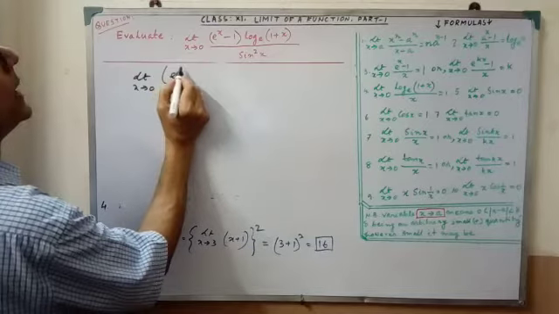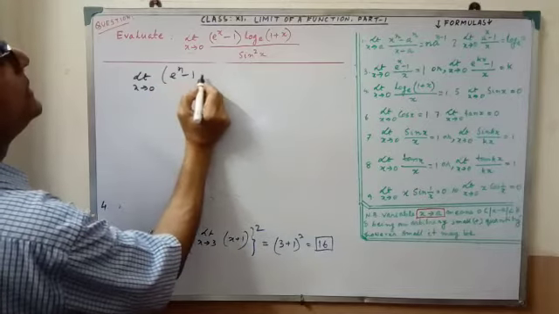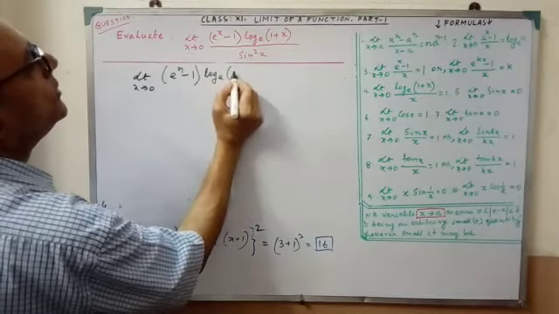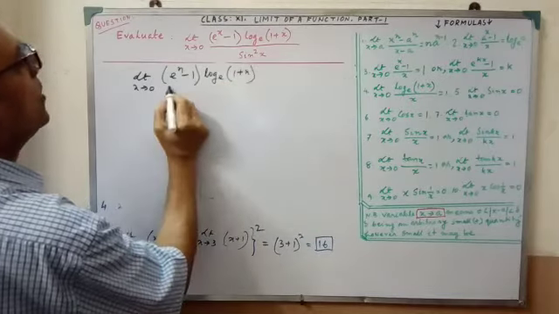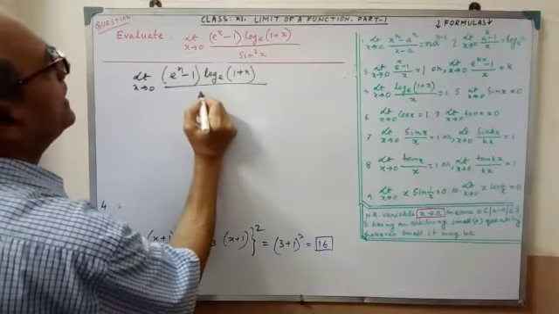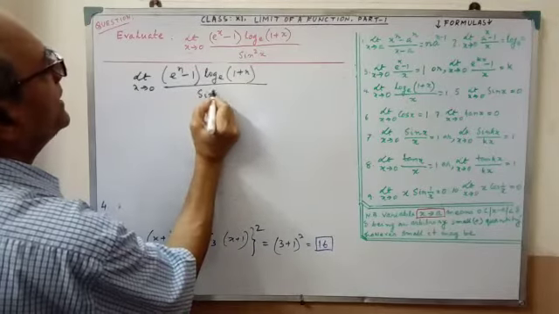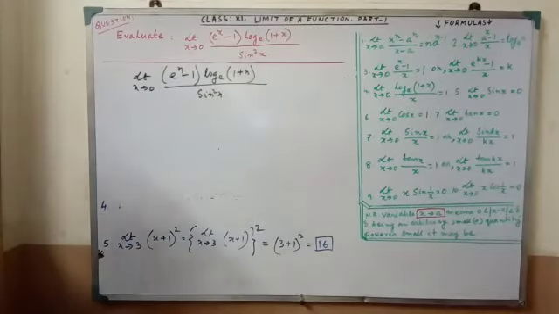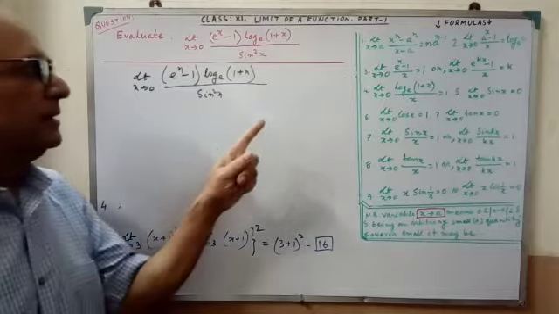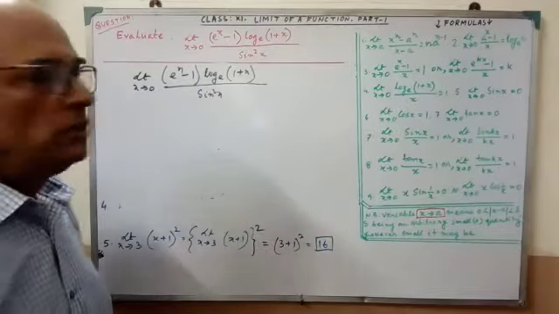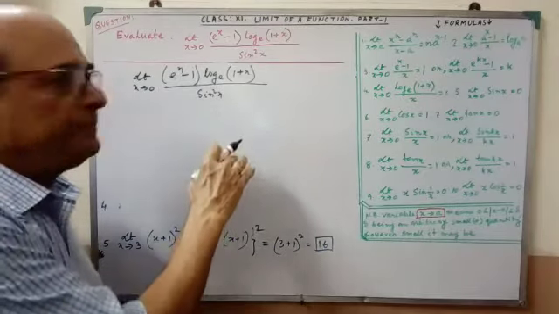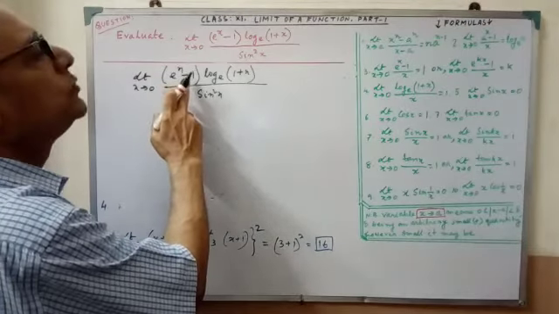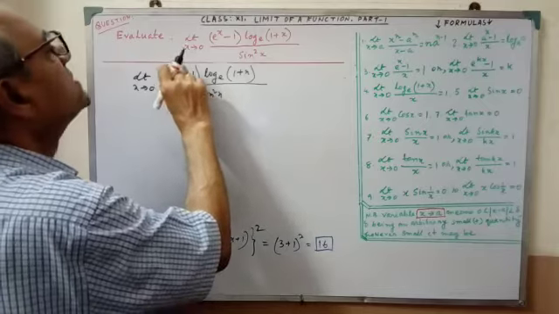into e to the power x minus 1 log e into 1 plus x by sine square x. By looking at the expression, you have to think in which formula we may apply here. E to the power x minus 1, this is not n, this is x.